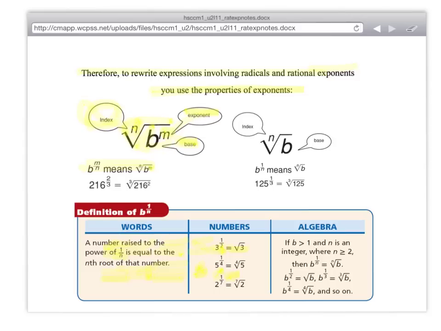So if we look at 216 raised to a power of 2/3, it equals 216 squared with a cube root. You read this as the cube root of 216 squared.